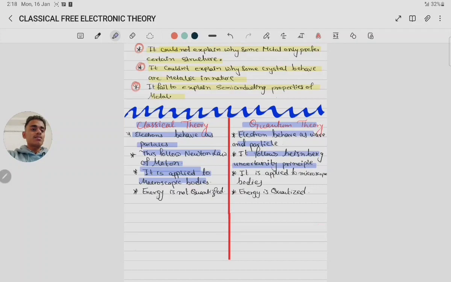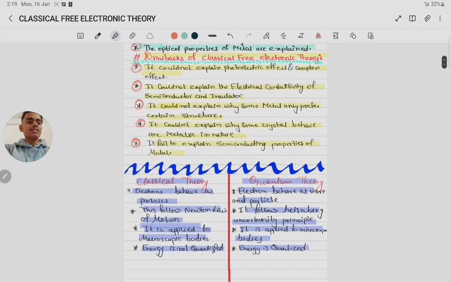Okay, the quantum theory is only applied to microscopic bodies, which can only be seen through the microscope. And the classical electronic theory says that energy is not a quantized quantity. It is totally wrong. The quantum theory says that energy is a quantized quantity. So this statement is true here. So these are some differences between classical theory and quantum theories.